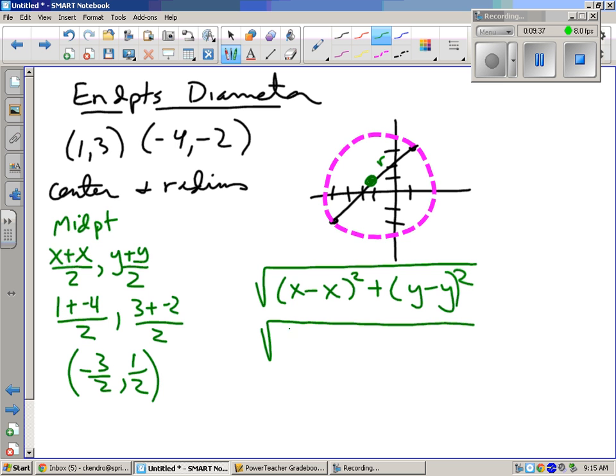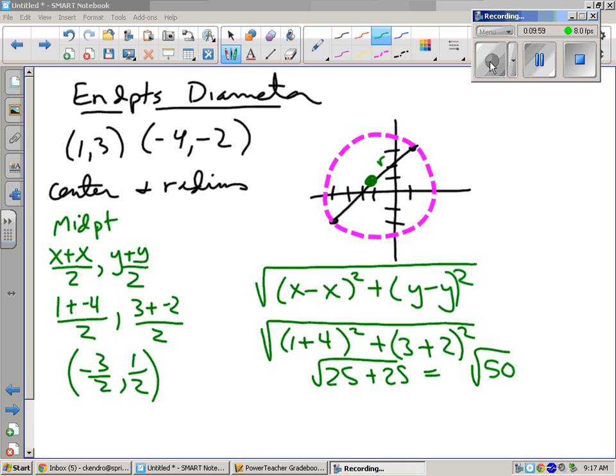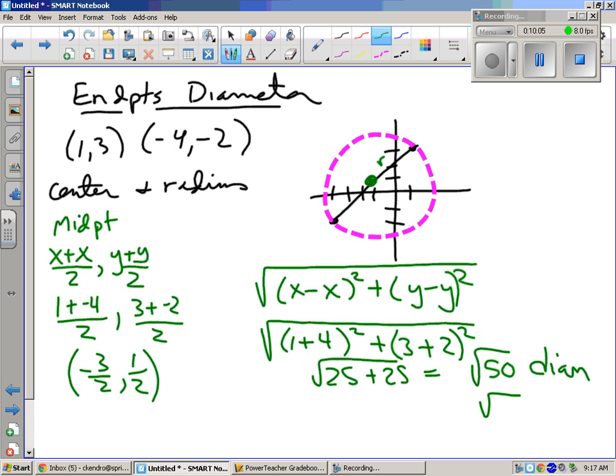So I have 1 plus 4, because it's minus a negative, and 3 plus 2, and square that. So I get 5 squared and 5 squared, so that's 25 plus 25, and the square root of that is 50. Now, the square root of 50 is the diameter. We need to find the radius. So square root of 50 over 2 is the radius.